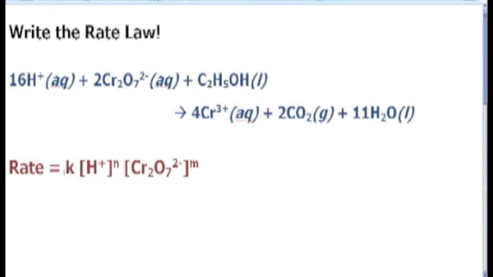We're not going to include the ethanol again because it's considered a pure liquid, and that doesn't change its concentration in the process. So it's not considered in the rate law equation. And there you go. Another general rate law.